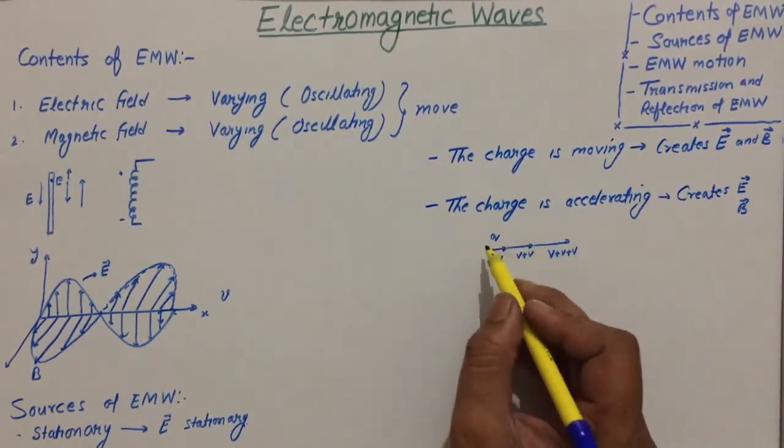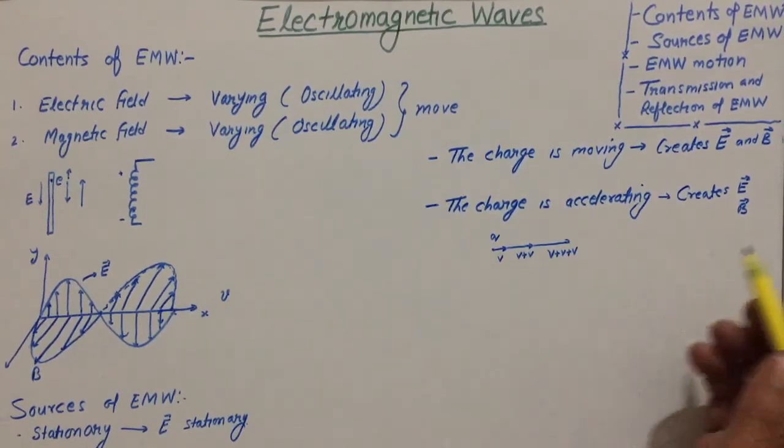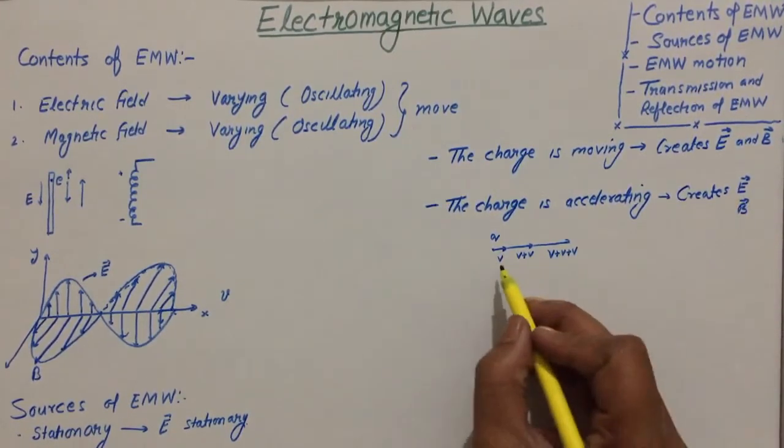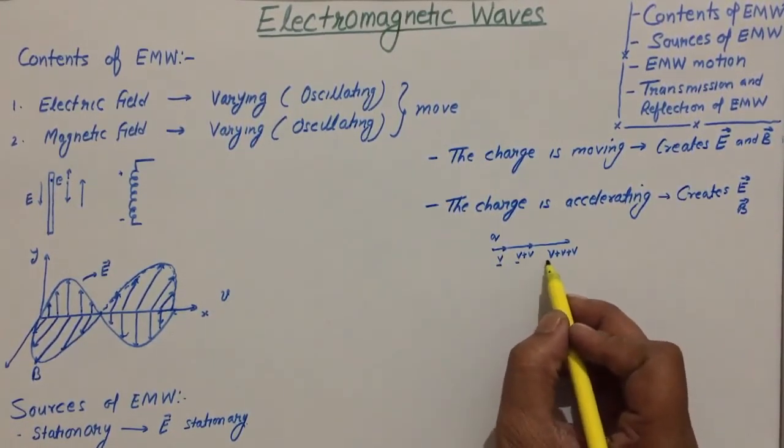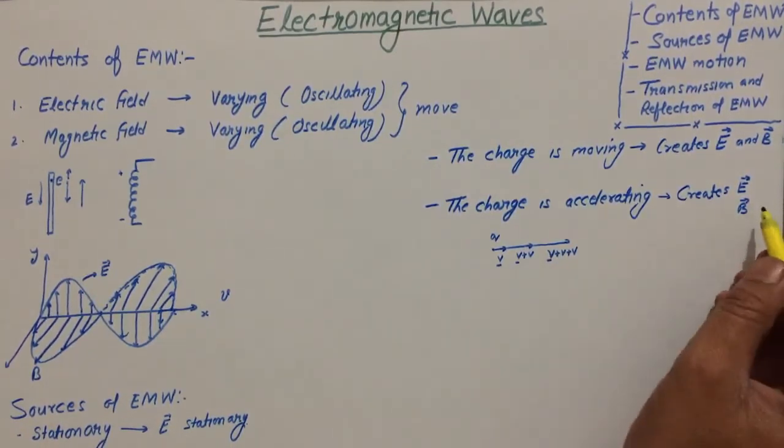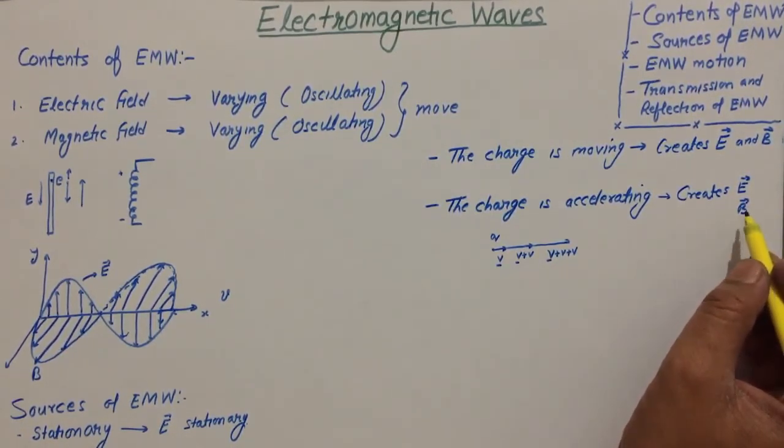This charge creates electric field, and this motion creates the magnetic field.